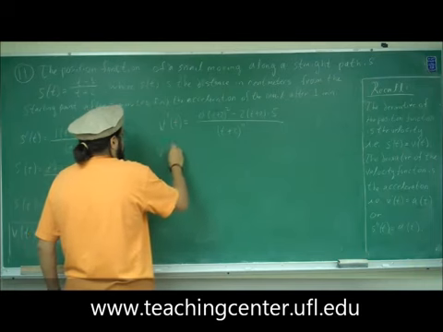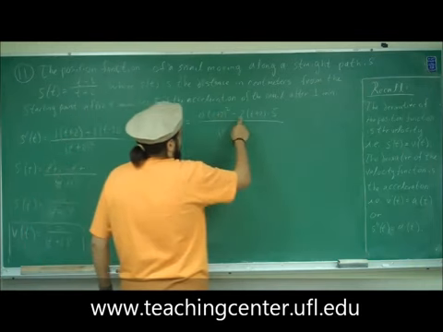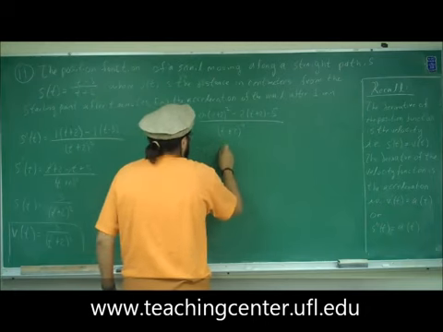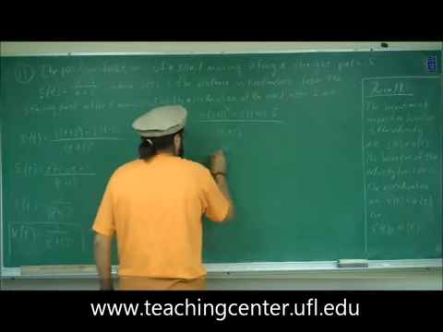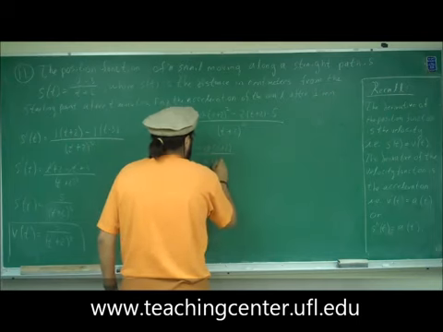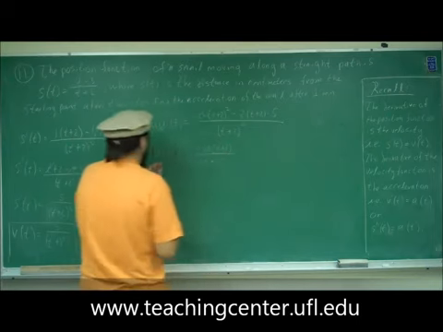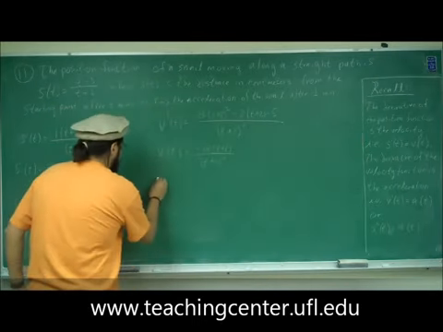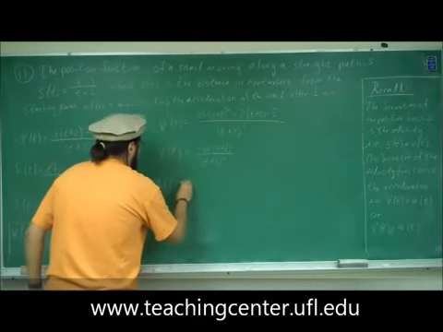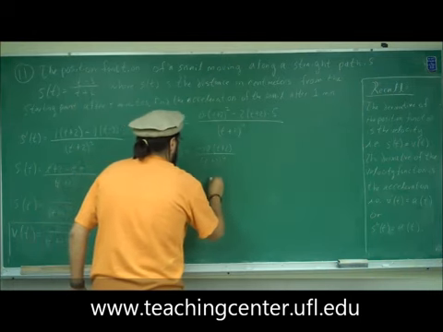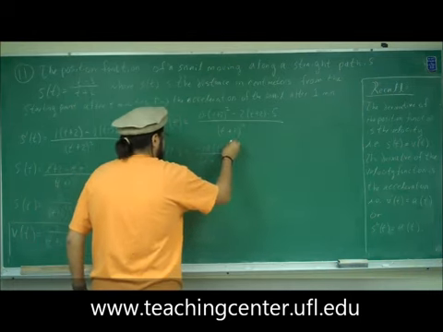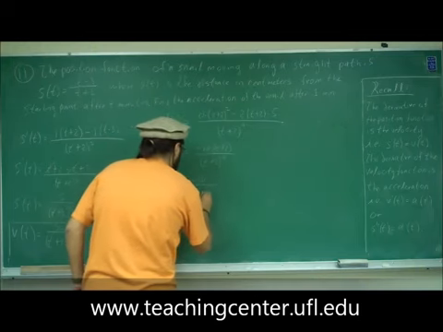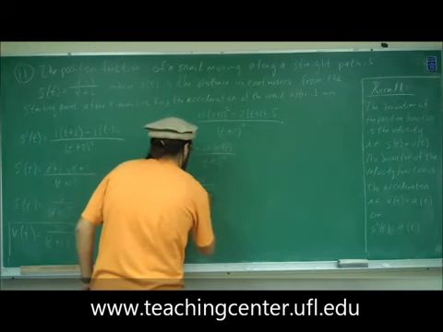So v'(t) is equal to 0, minus 2 times 5, that's minus 10 times (t + 2), divided by (t + 2) to the 4th. Now we said that the derivative of the velocity is the acceleration, so therefore we have the acceleration function now. By the way, (t + 2) cancels with (t + 2) here, so we're left with negative 10 divided by (t + 2) to the 3rd.